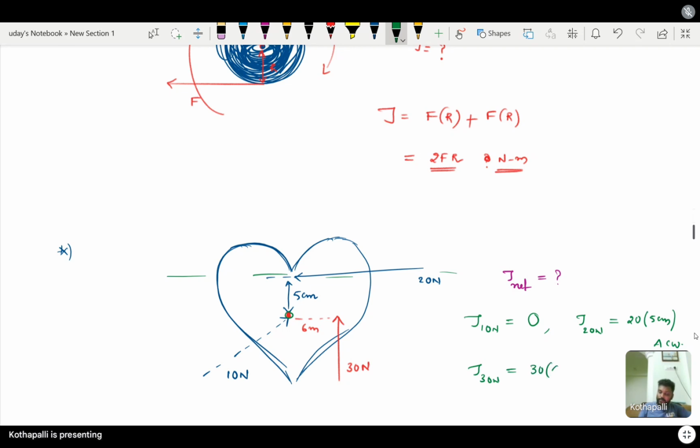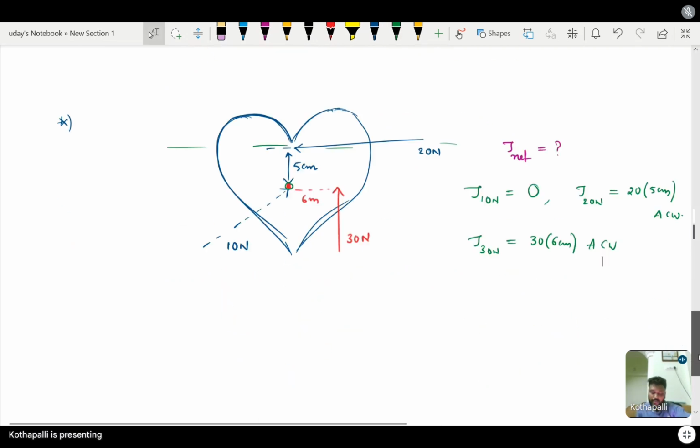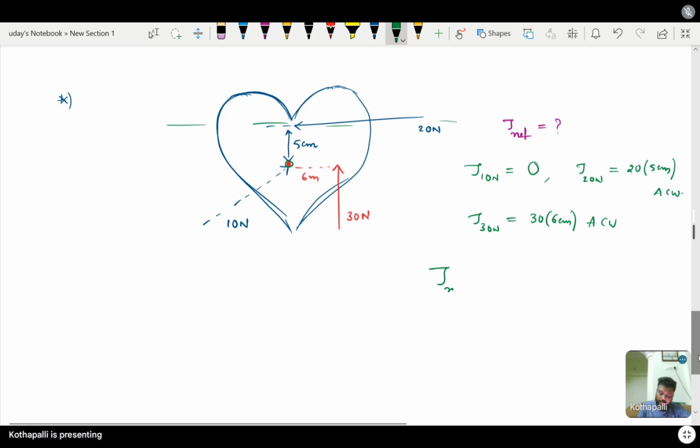Force into perpendicular distance. Clockwise or anti-clockwise? Anti-clockwise. It will rotate like this only, no? Yes. Now net torque will be what? 20 into 5 into 10 power minus 2 plus 30 into 6 into 10 power minus 2 newton meters.